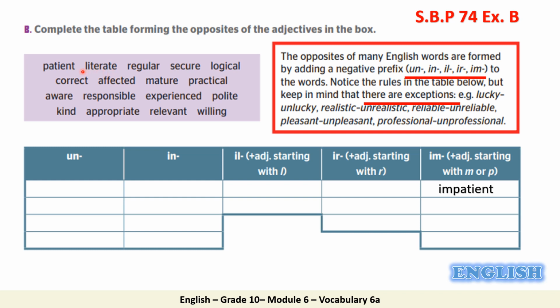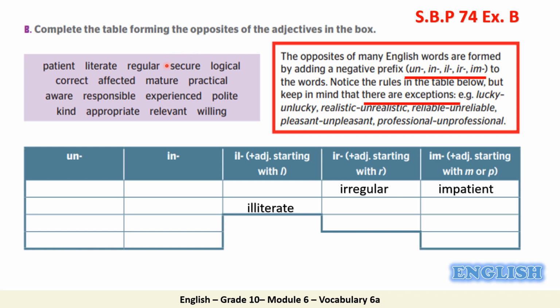Let's go to the next word, which is literate. So what is the first letter here? It's letter L. So it takes the prefix il to become illiterate. Regular. What's the first letter here? It's R. So it takes the prefix ir, irregular. Then I have secure.